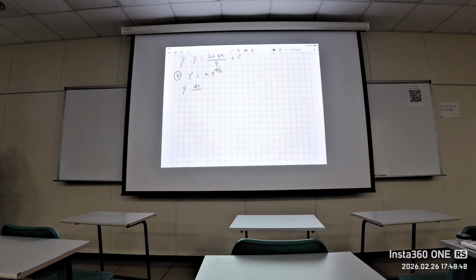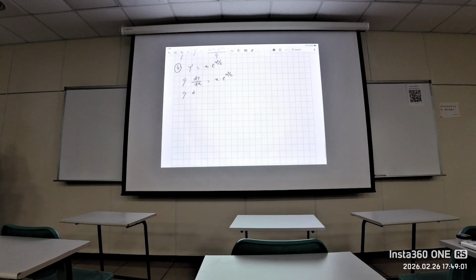This is dy by dx is equal to x e to the power x square by 2. So that means our dy is equal to x e to the power x square by 2 into dx. So this is where we stay. Okay.